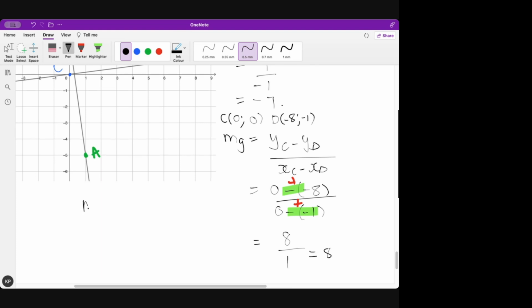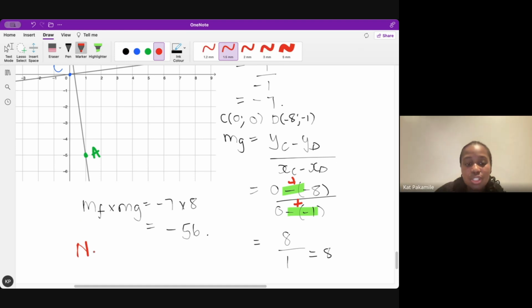If I multiply these together, am I going to get a perpendicular line? Negative 7 times 8. What's negative 7 times 8? It's definitely not negative 1, right? But what is it? Negative 56. So these are not perpendicular.